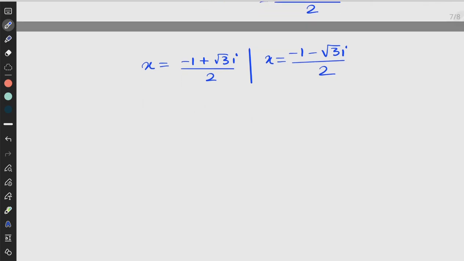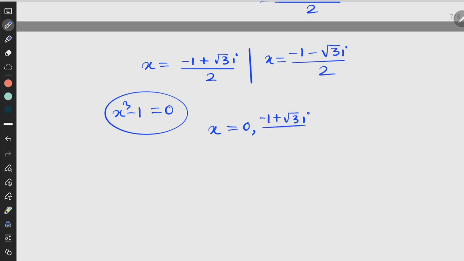Final answer for x cube minus 1 equals 0: the value of x equals 1, minus 1 plus root 3i by 2, minus 1 minus root 3i by 2. When we use this formula in complex numbers, we can write them as omega and omega square. This is the value of omega and omega square of complex numbers.